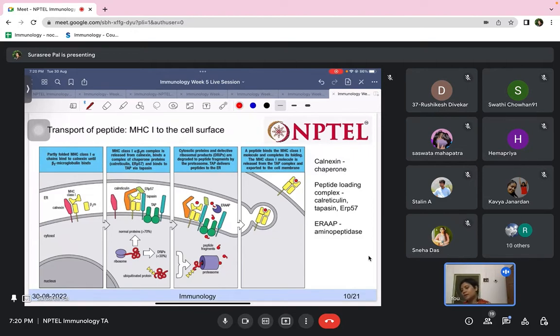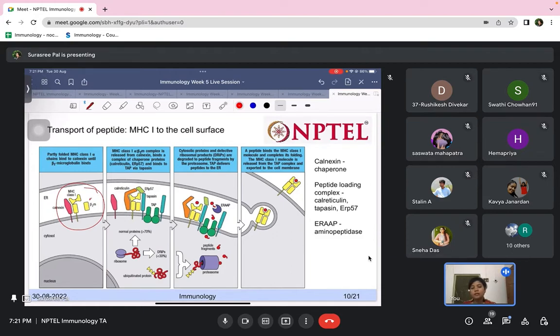This is a partly folded MHC class 1 molecule. The alpha chain is present, but the beta 2 microglobulin is not yet associated with the MHC class 1 molecule. This happens in the lumen of the endoplasmic reticulum.